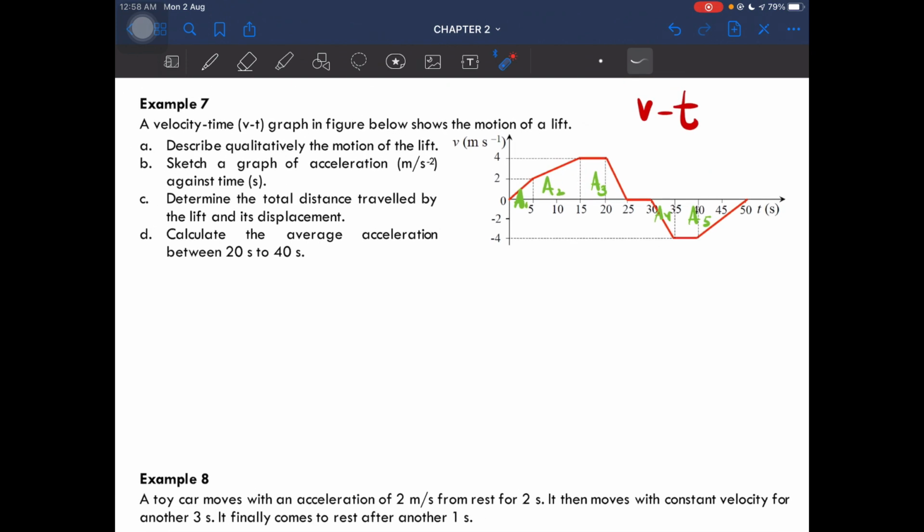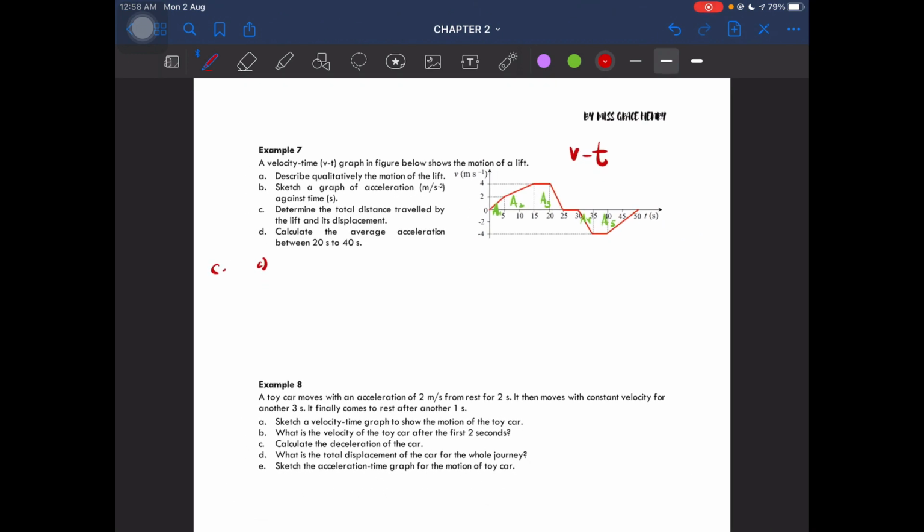Okay, so we can then find the total distance traveled is equal to area under the graph, which is equal to A1 plus A2 plus A3 plus A4 plus A5.